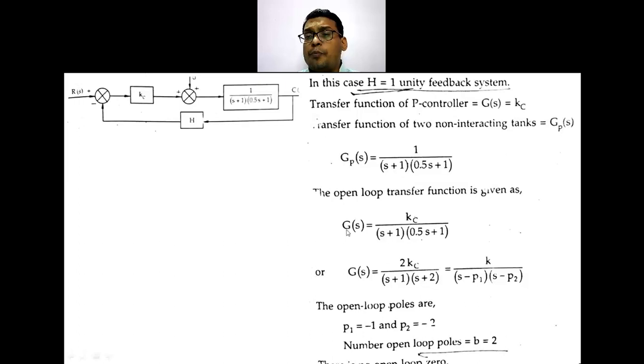So when the open loop transfer function has the value of infinity, you get the open loop poles. There will be two open loop poles, P1 equal to minus 1 and P2 equal to minus 2. So the number of open loop poles equals B, which is 2, and A will have the value of 0.